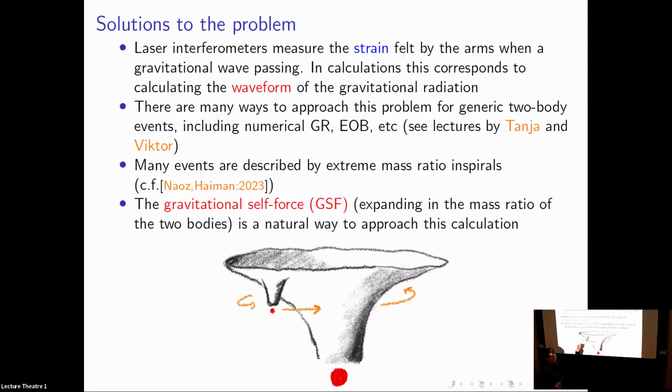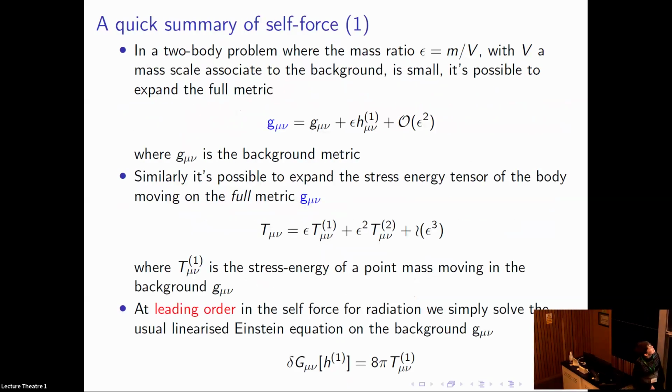This is a sketch of basically what happens here. In this case, we have a very small mass ratio between the two bodies: a very large black hole and a very small body.